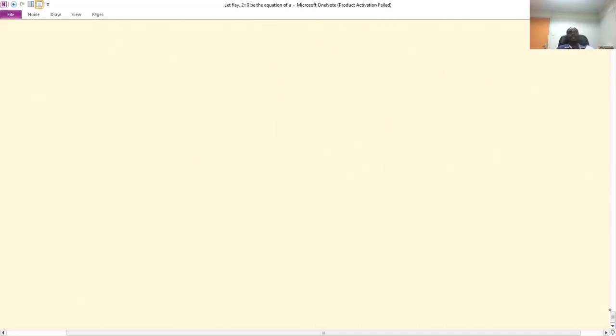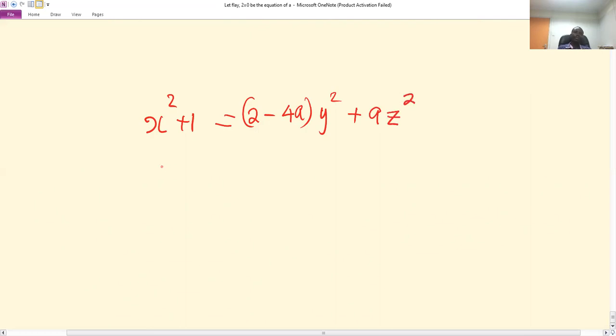We do the same thing to the second family of surfaces. So we had the equation x squared plus 1 equals 2 minus 4a y squared plus a z squared. So take all these terms to the left. So we'll have x squared plus 1 minus 2 minus 4a y squared minus a z squared equals 0.